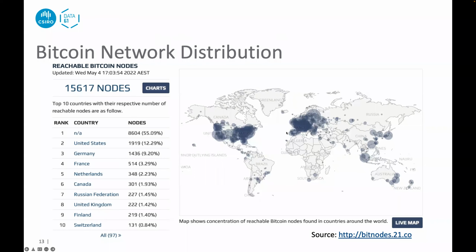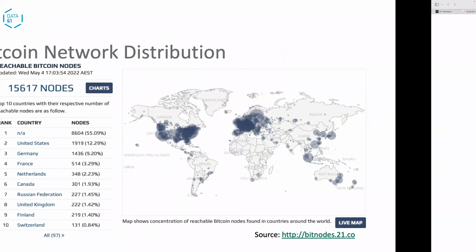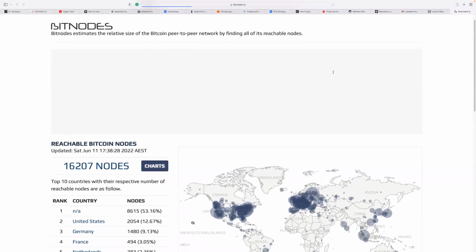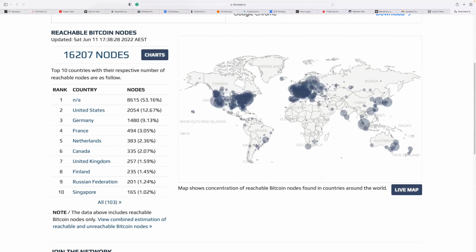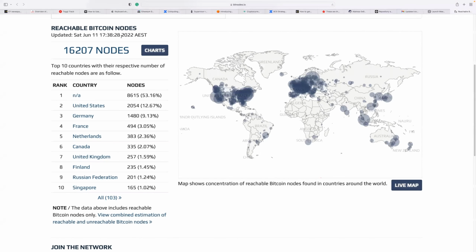So let me open up this site. This is again a site that shows live nodes in the Bitcoin network. As of now, not necessarily extremely accurate, but at least this website is aware of 16,000 Bitcoin nodes. In most cases, you don't necessarily know where they are even from.